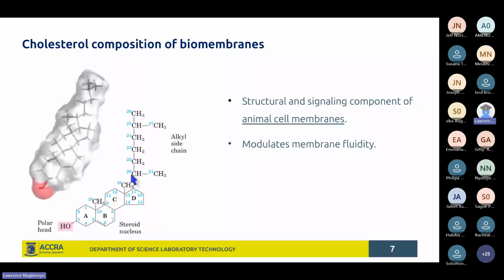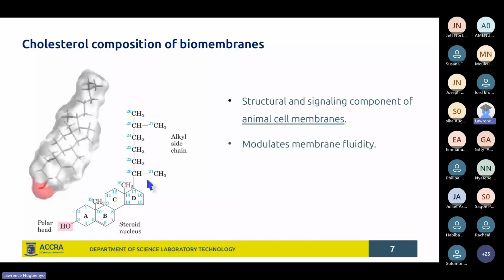So you will see that it is actually this straight chain portion which differs in different sterols, but the steroid nucleus is constant. You see the same steroid nucleus for all of them. So it is only this side chain which will be different for the different sterols.